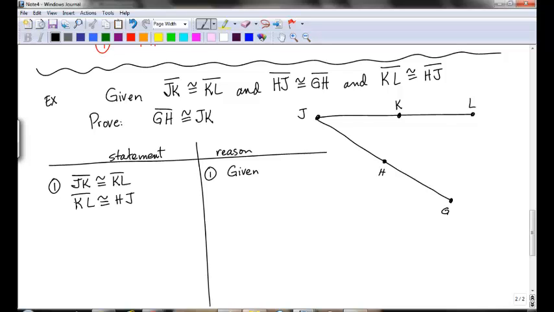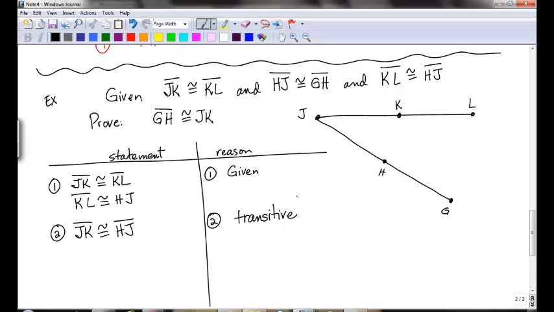So their step 2 would be, JK is congruent to KL, KL is congruent to HJ, then JK is congruent to HJ. That's transitive. And that's the only reason they don't write down all 3 of those in the given, because it's easier to see that.